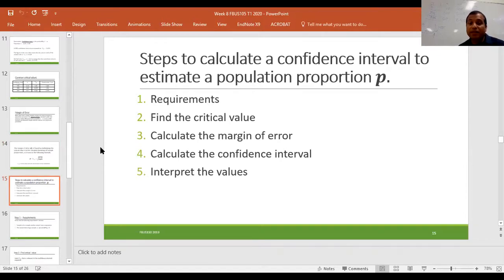Stage 4 is to calculate the confidence interval, and that is the answer. Actually, the idea is to calculate the confidence interval. The interval is the range in which the sample statistic lies, so that we can make an inference regarding the population parameter.